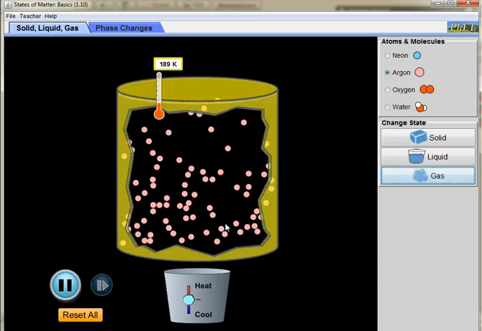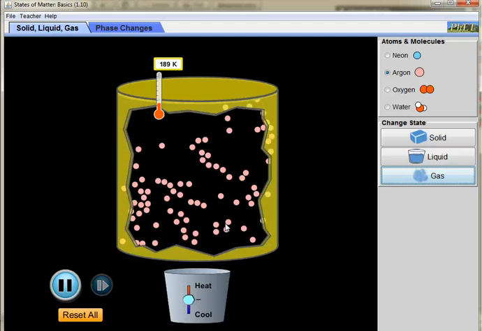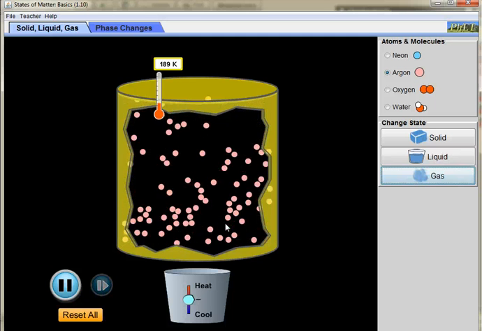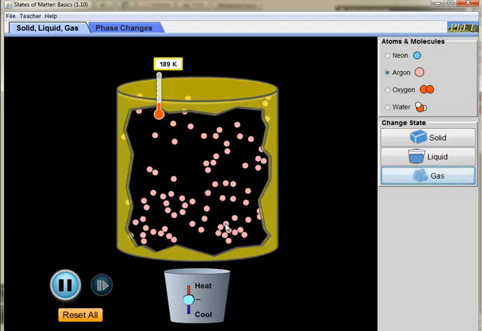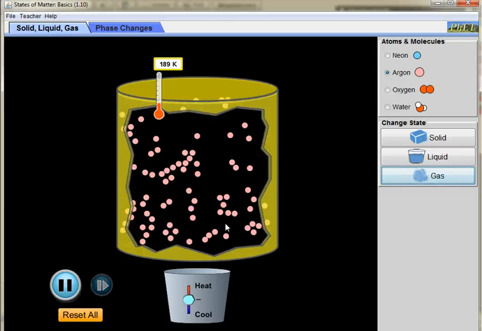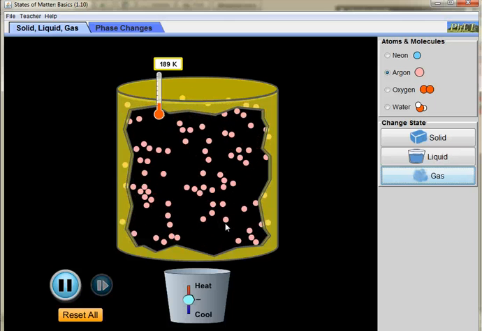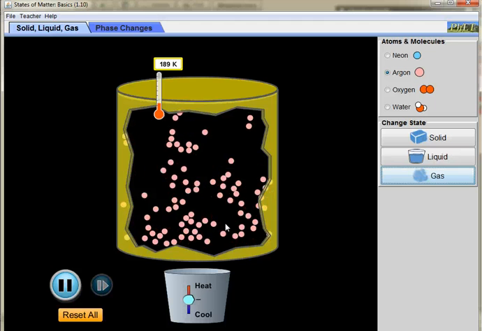What do you think about the intermolecular or interatomic forces between these three phases? Which has the least interatomic attraction? Solid, liquid, or gas? Gas has the least interatomic attraction.